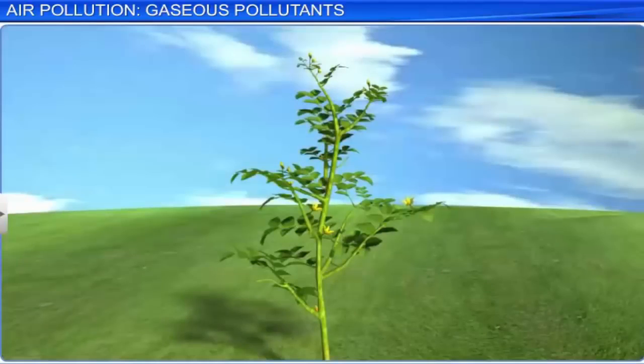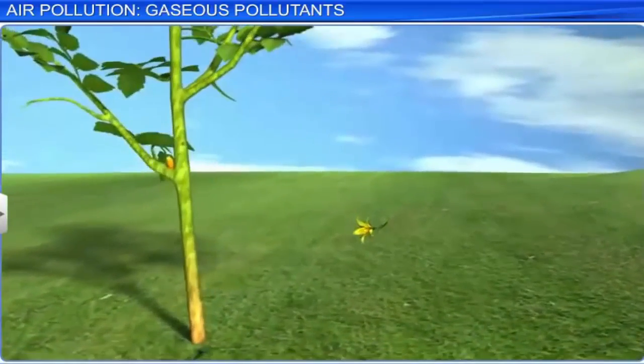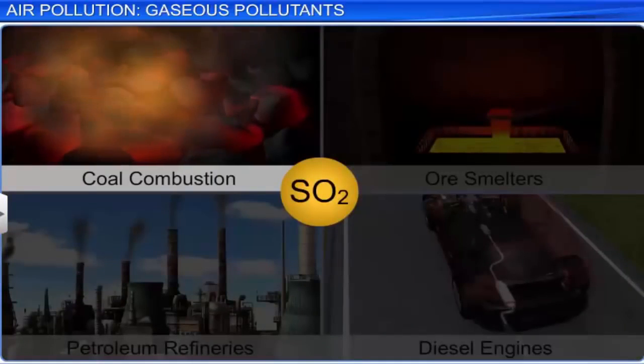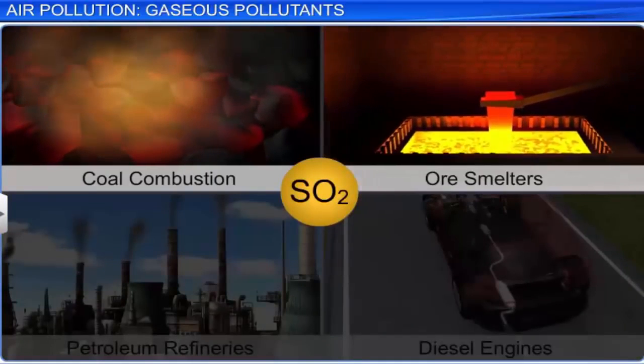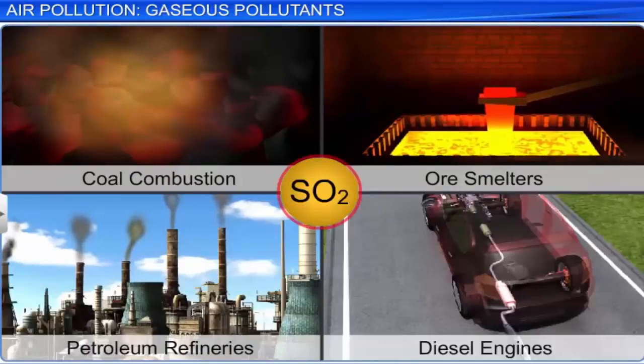In plants, a high concentration of sulfur dioxide makes the flower buds stiff and makes them fall off, hampering its reproductive cycle. Coal combustion, ore smelters, petroleum refineries, and diesel engines are some sources of sulfur dioxide.